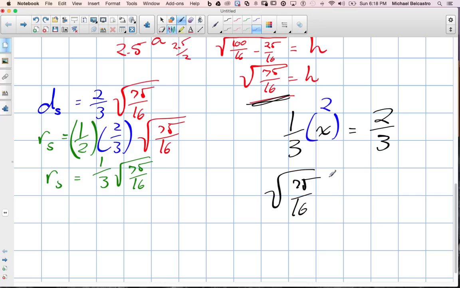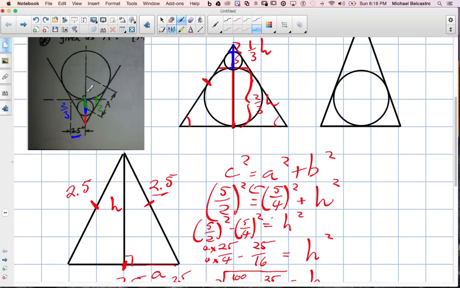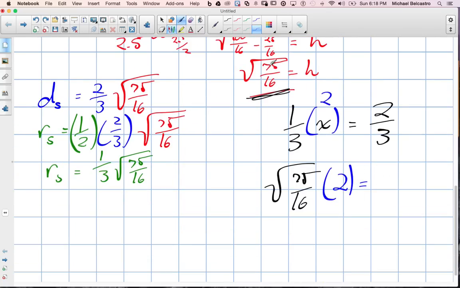So in other words, we're going to multiply this by the value of 2, and that'll give us the height of this circle here, or this part, which is a better visual of it. So that equates to the diameter of the big circle. Okay, so I'll switch those two sides around. Diameter of the big circle is equal to 2 times root 75 over 16.